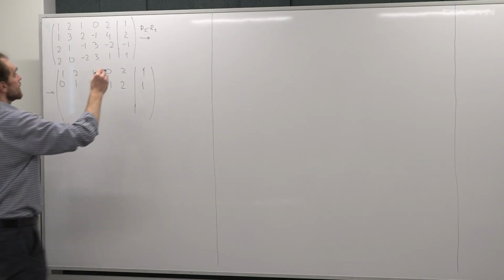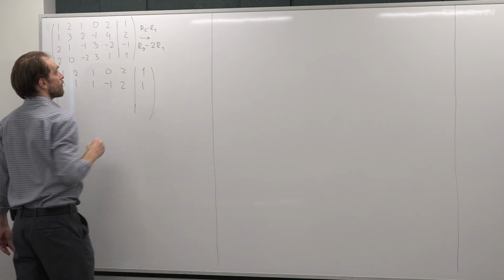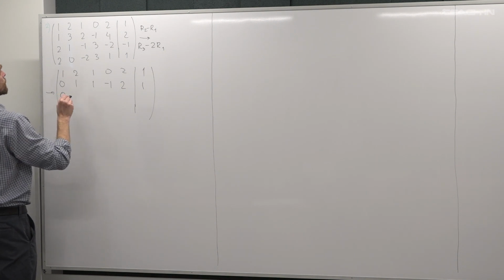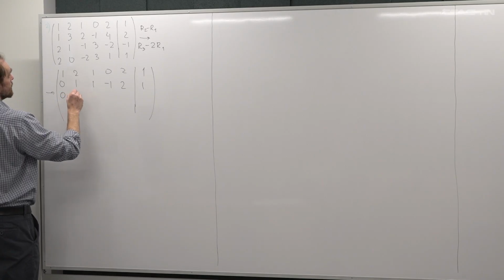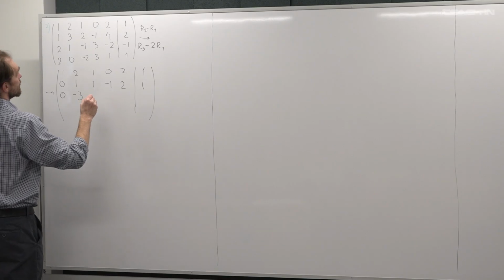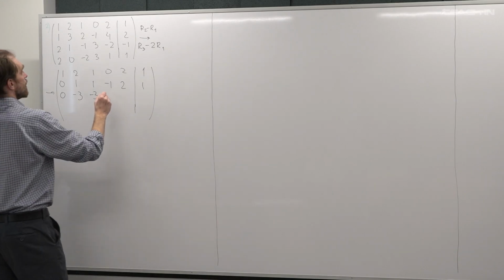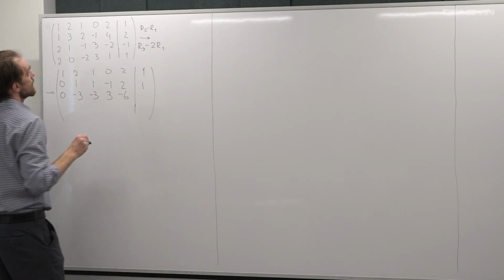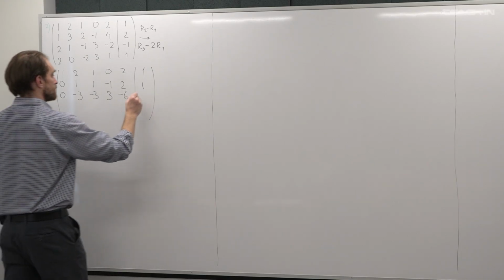Then I'm going to subtract the first row multiplied by 2 from the third one. So this would be 0, then minus 3, then minus 3, 3, then minus 2, minus 4, minus 6, and minus 1, minus 2, which makes minus 3.